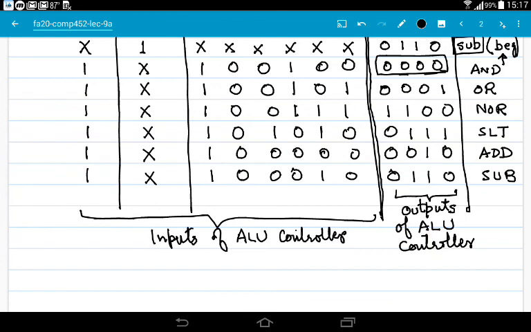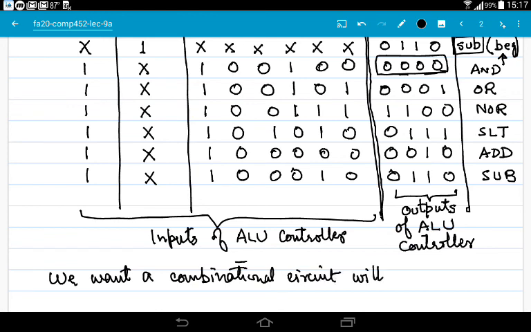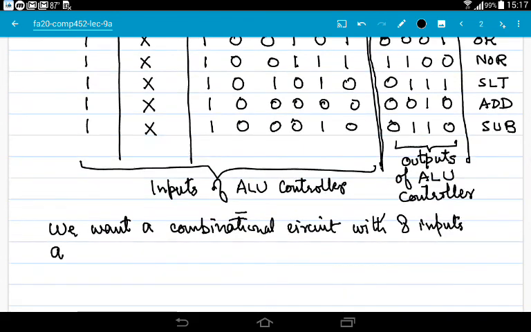So we have a combinational circuit with 8 inputs and 4 outputs.